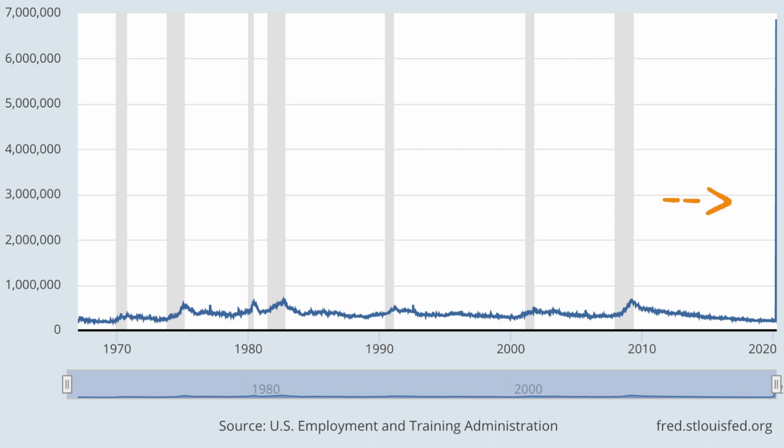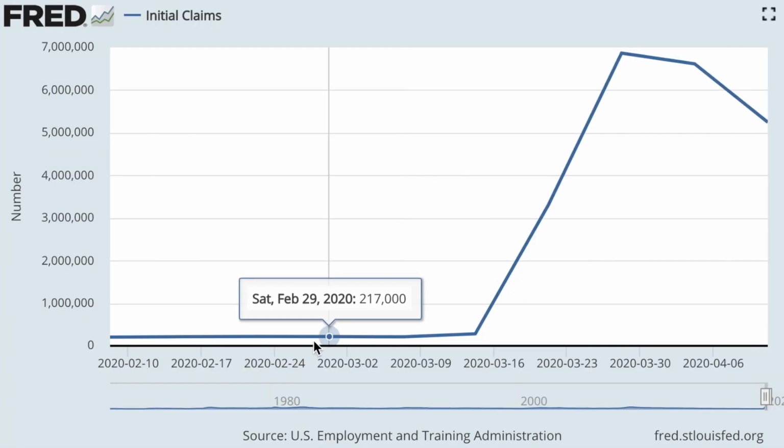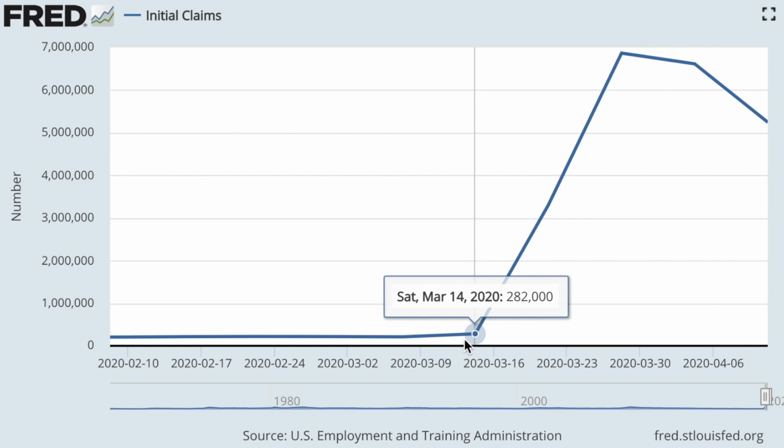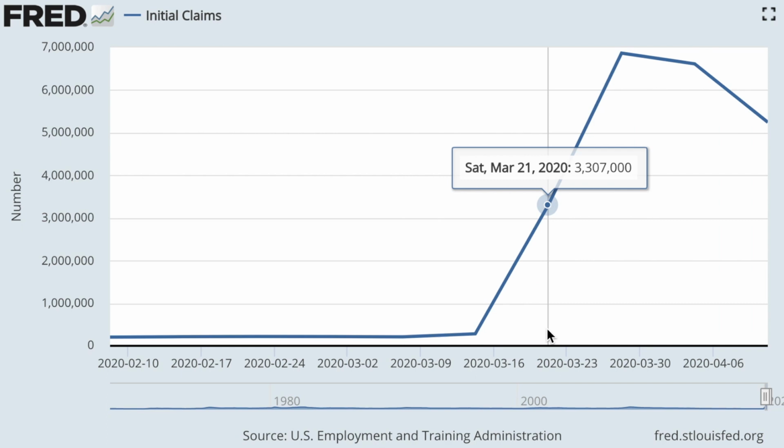Jumping ahead to the last few weeks, the numbers are quite literally off the charts. This is the same chart, but accommodating for that massive jump in initial claims. So you see that it went about 10x or 11x from around 300,000 to around 3.3 million in 1 week.